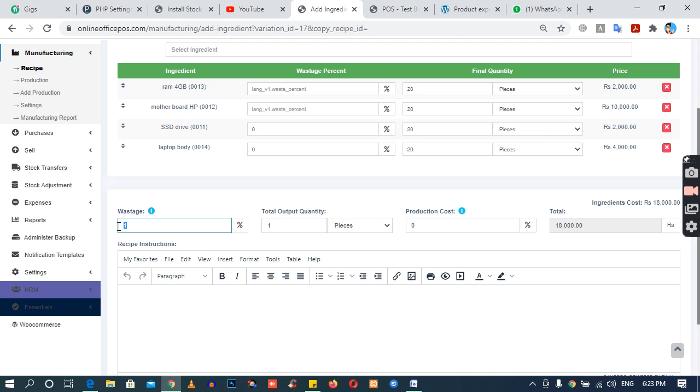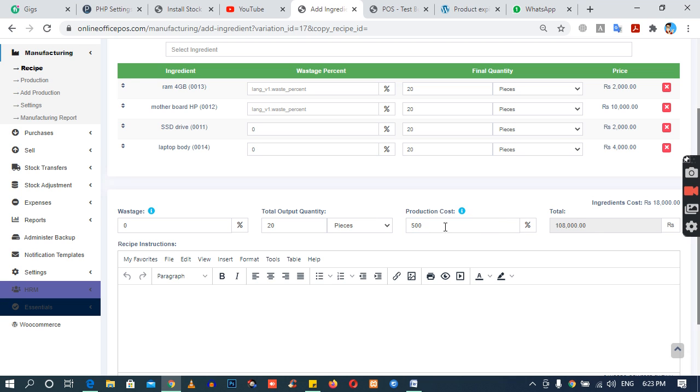So this is not our need. Total output quantity is 20, the 20 piece means the output is 20. Production cost, the person, our workers are charging us, for example, 500 for 20 piece production. So we add this.